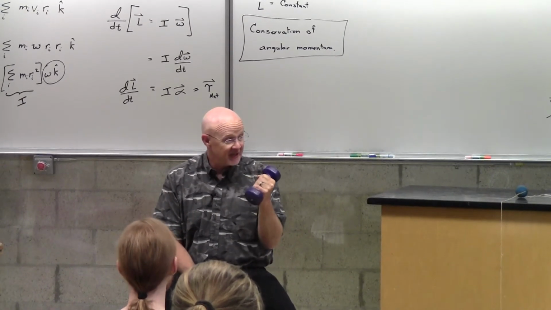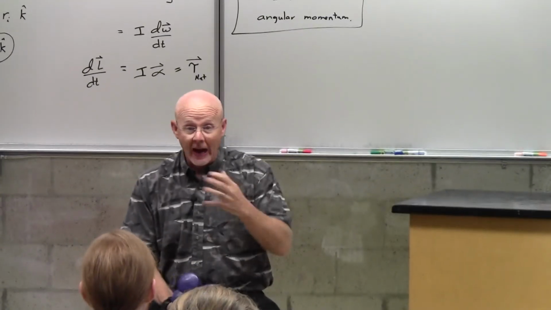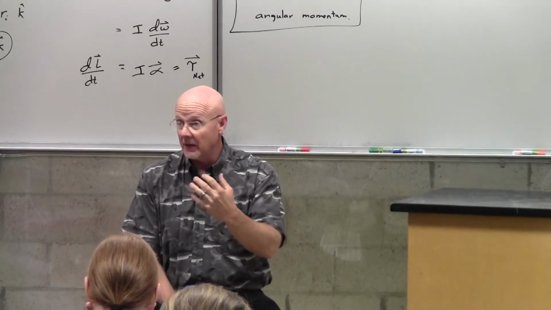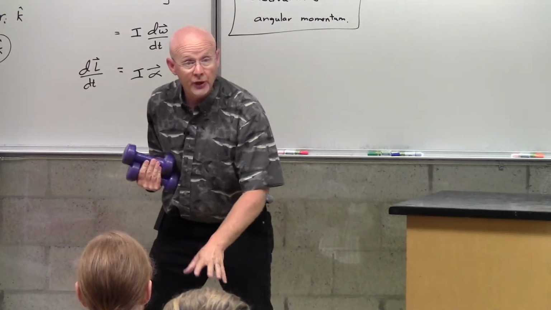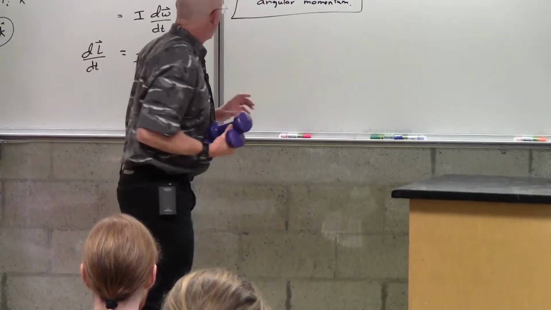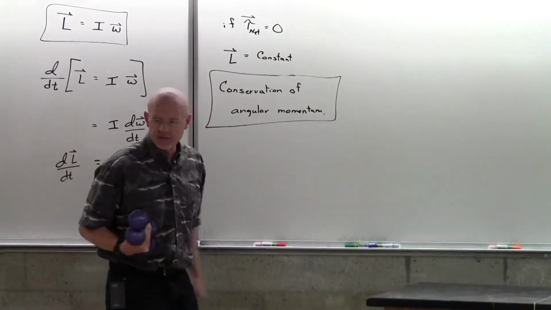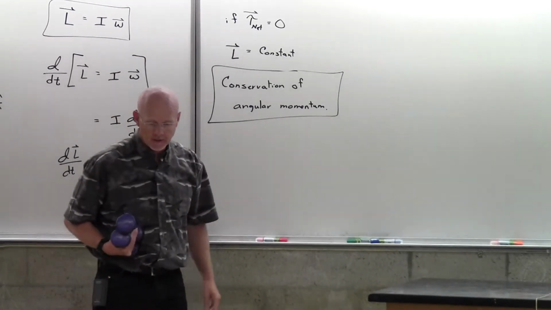Yeah, this is conservation of angular momentum, right? There's no outside influence on me. I'm spinning, and yeah, there's a little bit of friction, but this is a pretty good bearing system. And so I would say I have conservation of angular momentum, no outside torques.